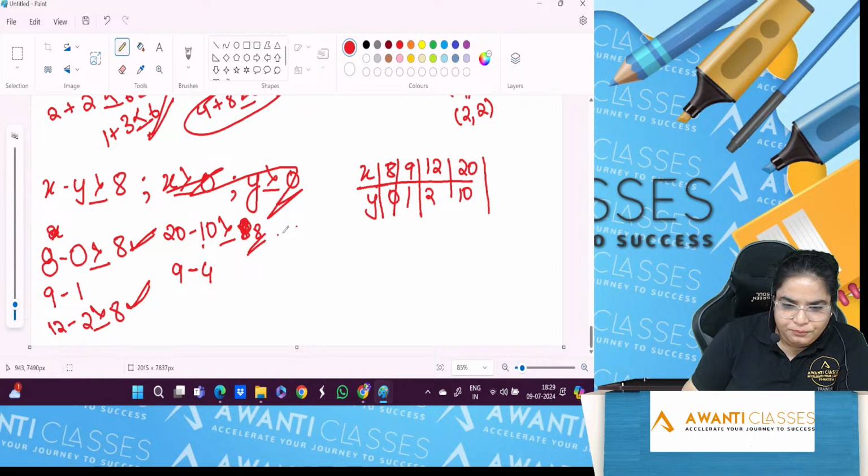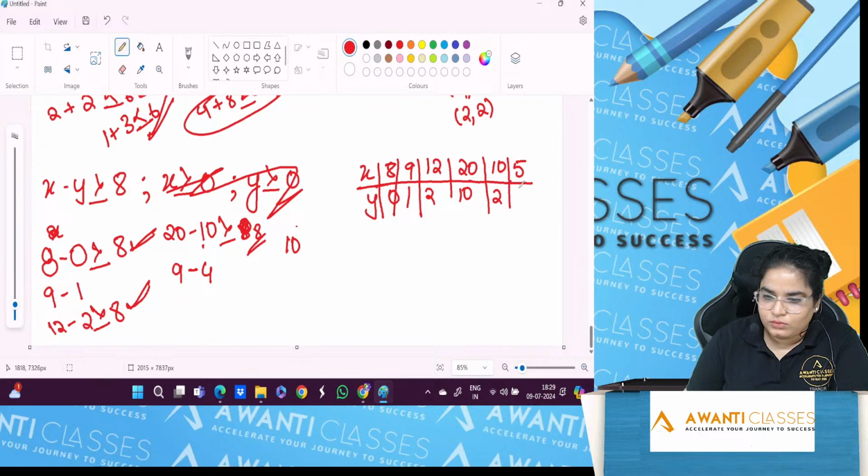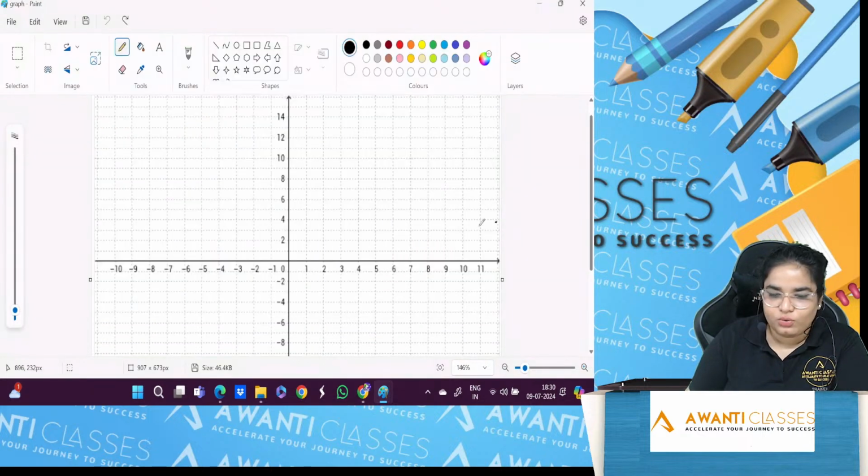Let us say x minus y. If x is, anything, tell me a number in the chat if you want. If x is 10, y is 2, that will also work. If x is 5, y is minus 3, that will also work.